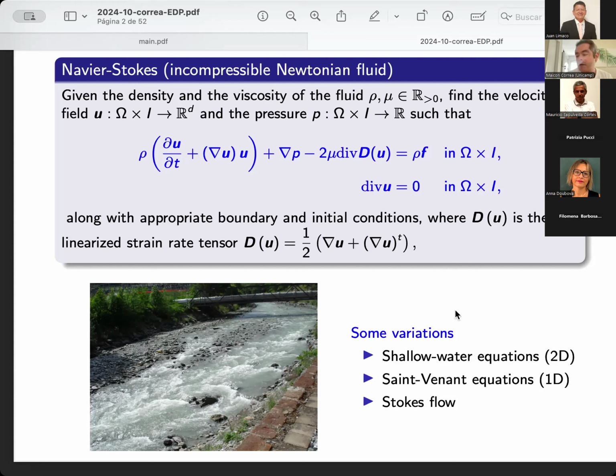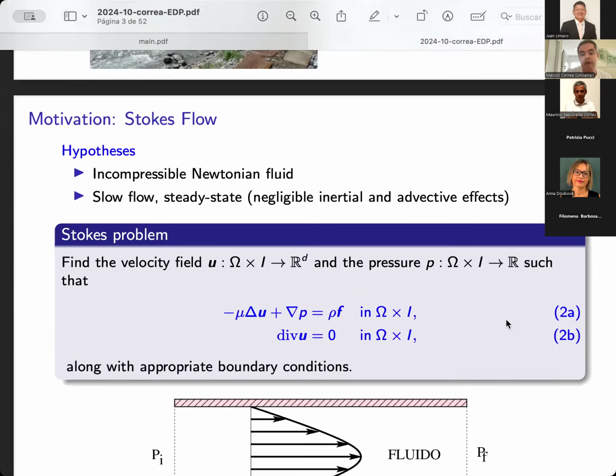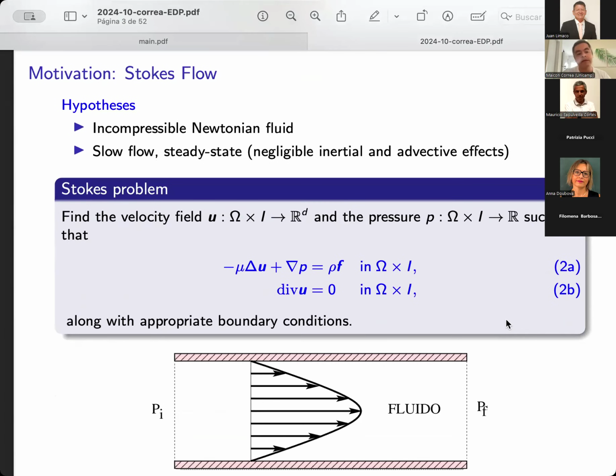In our talk here, we are interested in another simplification of Navier-Stokes, that's just the Stokes flow. So what does it mean? It means that we are assuming the same incompressible Newtonian fluid, but now the flow is slow, and we are in steady state. In other words, we are neglecting the inertial and the advective effects.